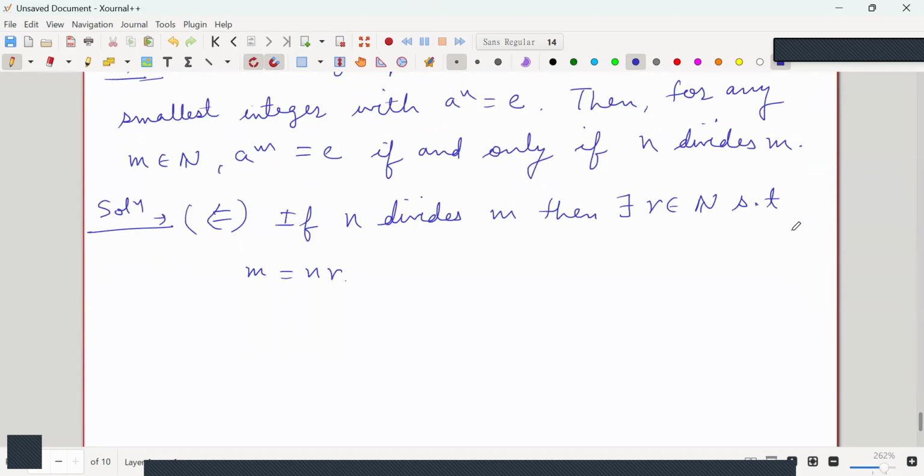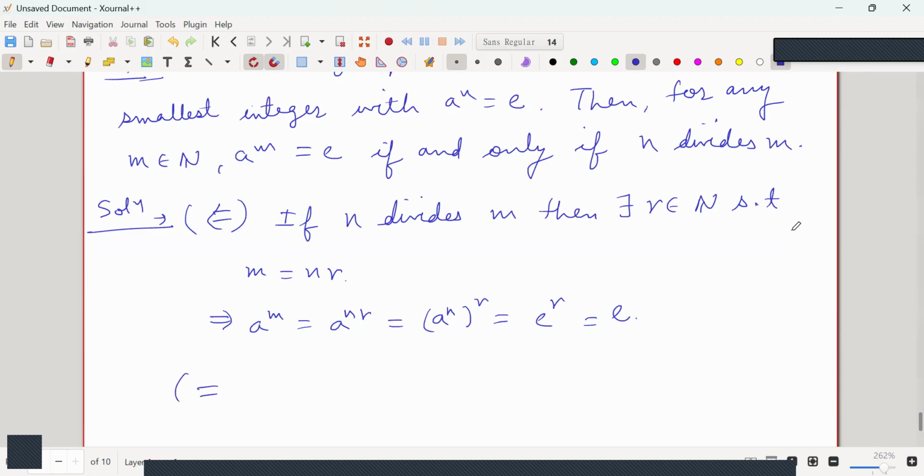And thus we will have a^m to be just a^(nr), and this is (a^n)^r, which is identity raised to r, and then it is identity again. Because any power raised to identity is identity. You are just multiplying identity r many times. So one part is done.